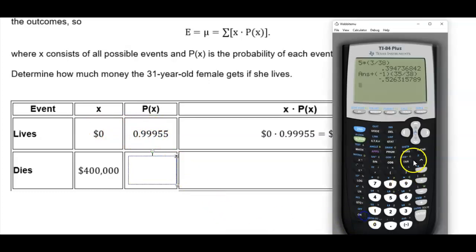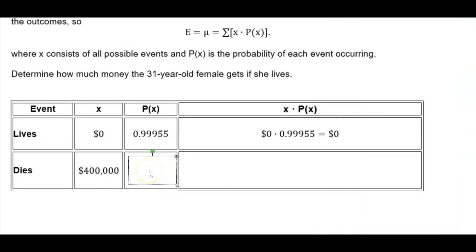So if we take 1 and subtract 0.99955, we get 4.5 times 10 to the negative 4. Move that over 4 decimal places, and what we end up getting is 0.00045. So 1 minus that is the complement.